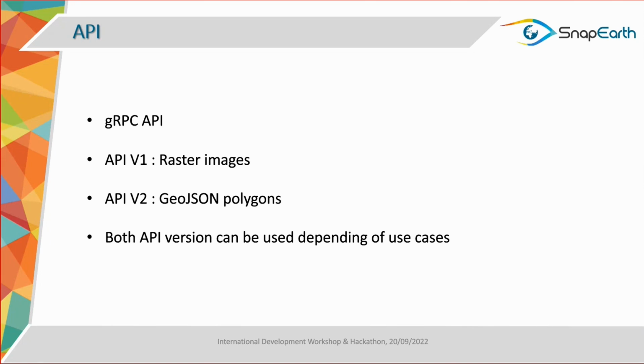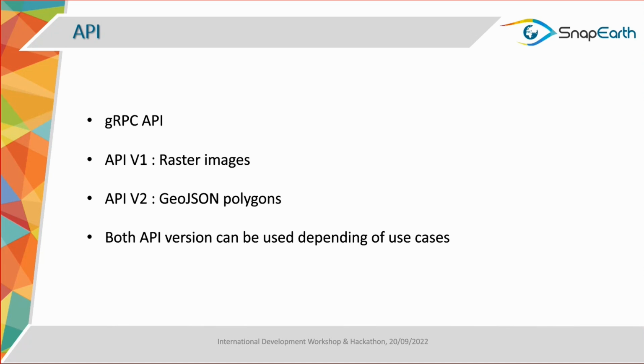The first one is for raster images. So basically, when you request the V1, you directly get the segmentation image. And it's a little bit heavy because it could take some time to get this data. And we implemented the V2.